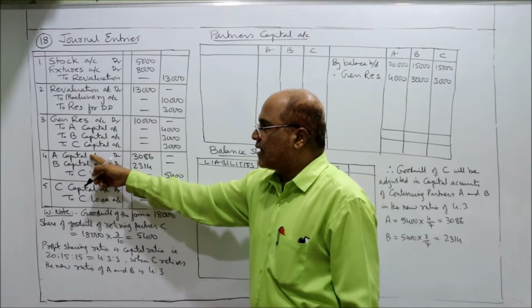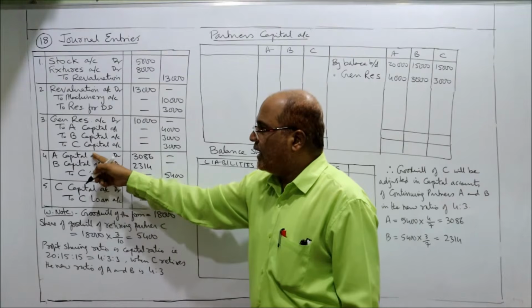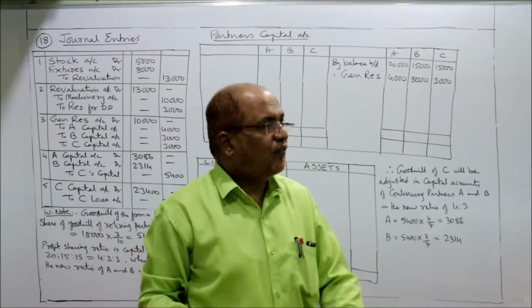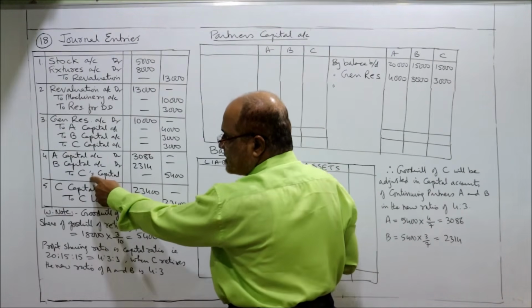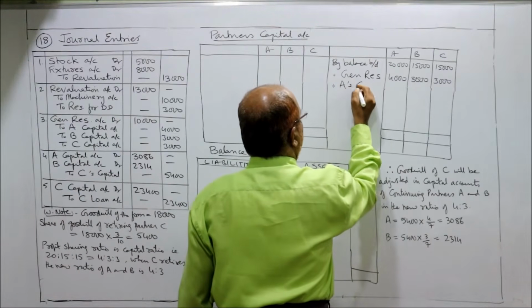Now A's capital account debit, B's capital account debit, to C's capital. So A and B should be debited and C should be credited. First I am taking the credit side of C, by A's capital and B's capital.